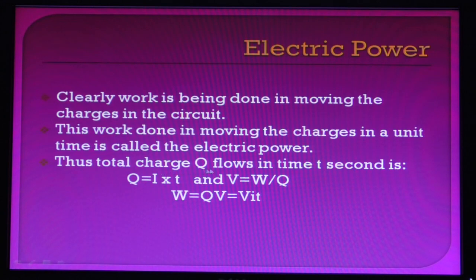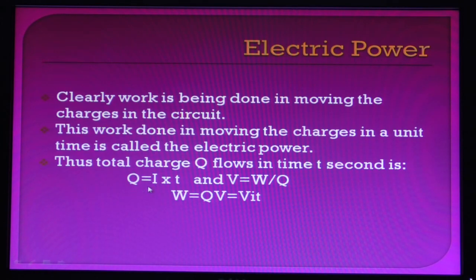The total charge Q that flows in time t is given by Q is equal to I into T. As previously I told you about electric power, power is equal to rate of doing electric work.